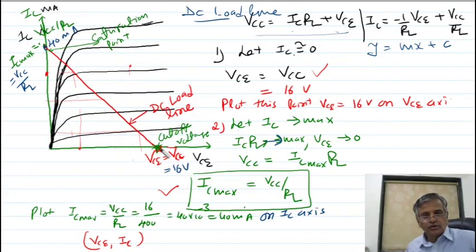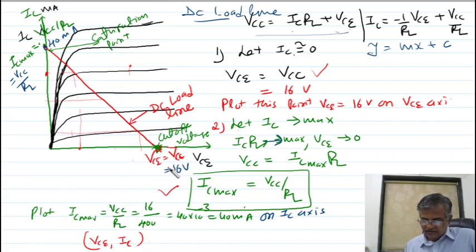The maximum output voltage possible in a common emitter circuit is VCC. And we are discussing this without AC, remember.